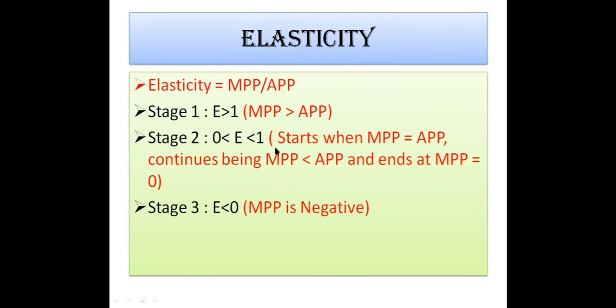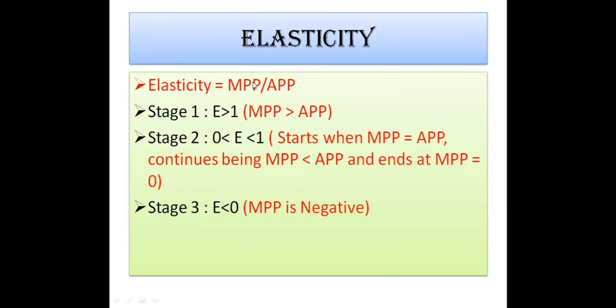Then stage 2. Stage 2 starts when MPP equals APP. They are equal. That means elasticity will be 1 and continues being MPP less than APP. Less than APP means the numerator will be less, so it will be less than 1. Then it ends at MPP equals 0.